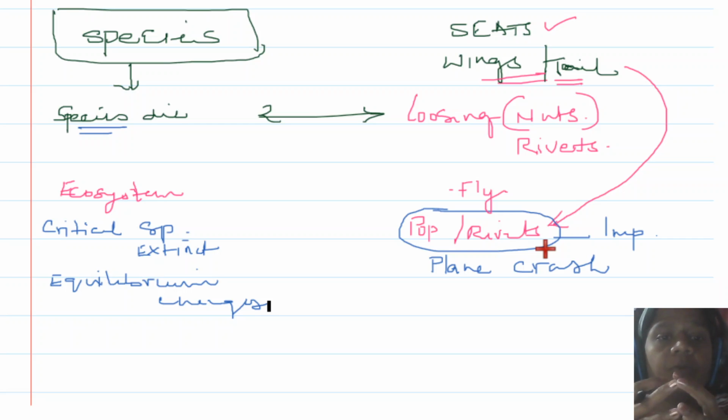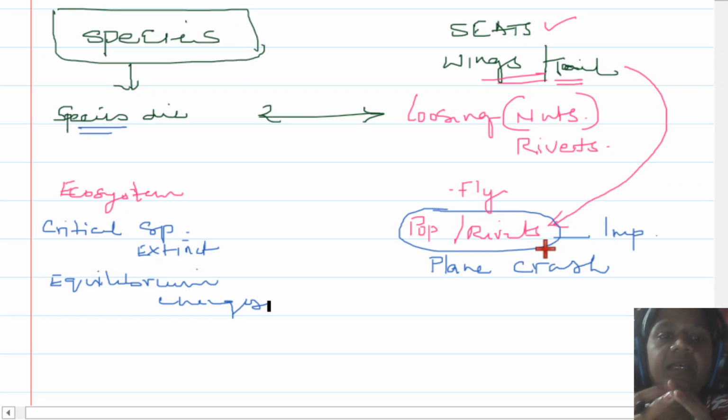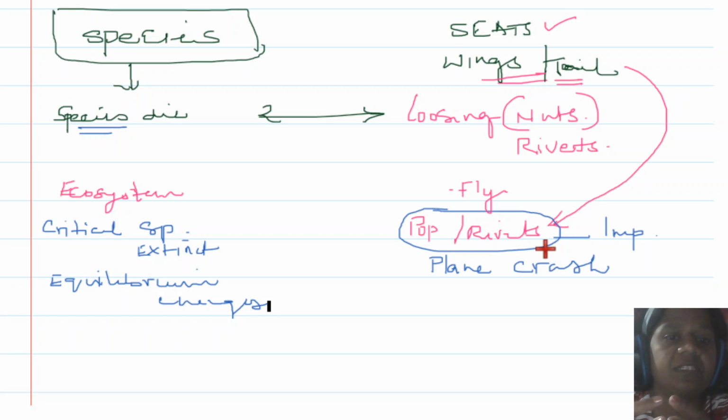That a variety of species that are critical are very important to the environment, to the ecosystem, and ultimately to the biome. Okay, so we need to conserve this environment that we are living in. It behooves us to protect the environment.